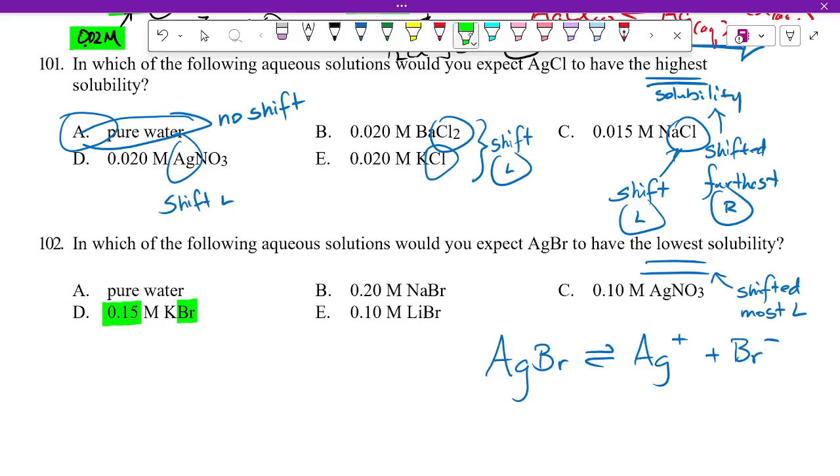We have 0.2 Br, 0.1 Br, and 0.1 Ag. So which one is the biggest? That's going to be B. That's our highest concentration of Br. We'll shift it the most to the left.